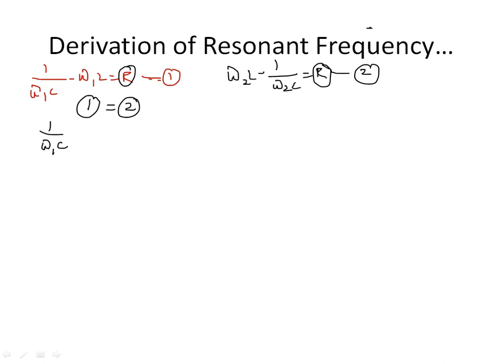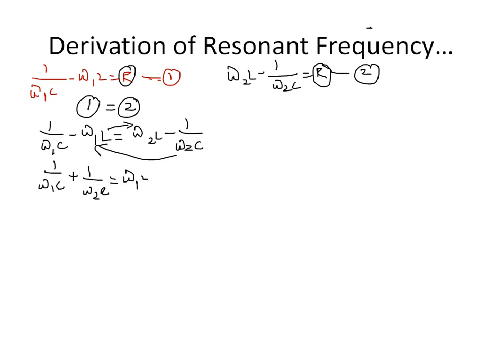Omega 1 L minus 1 by omega 1 C should be equal to 1 by omega 2 C minus omega 2 L. So now the capacitance terms come to this side, and the inductance terms go to the right hand side. So 1 by omega 1 C plus 1 by omega 2 C should be equal to omega 1 L plus omega 2 L. Now take C outside.